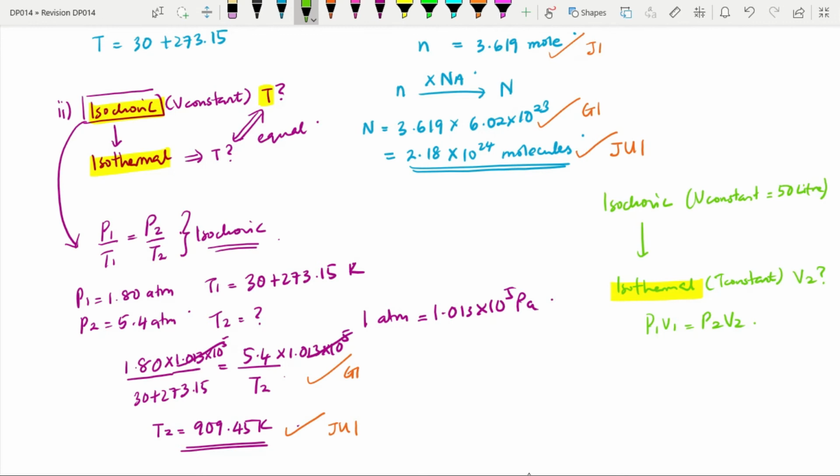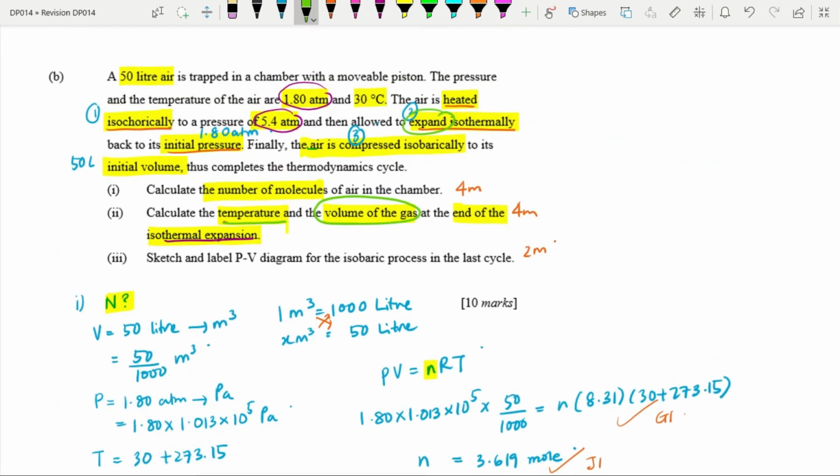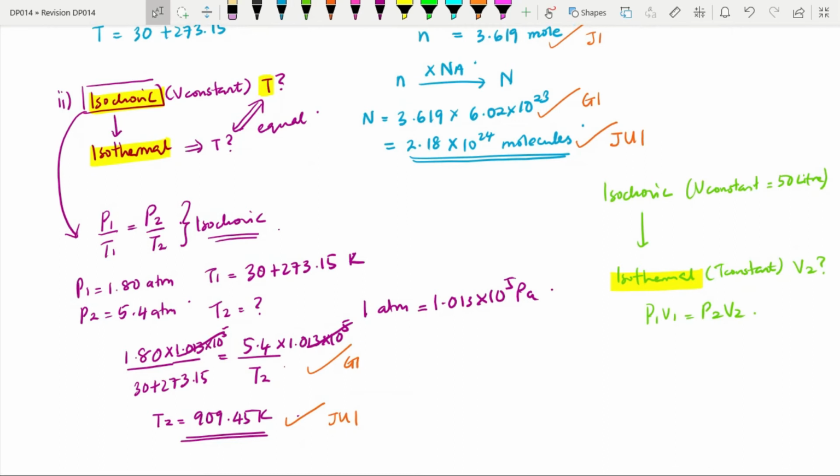Pertama kena tahu pressure waktu isochoric ni berapa. Waktu isochoric process, pressure tadi dah increase to 5.4. Jadi dekat sini pressure 1 kita sekarang adalah 5.4 atm.